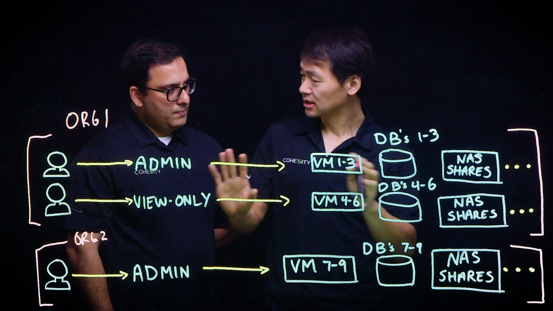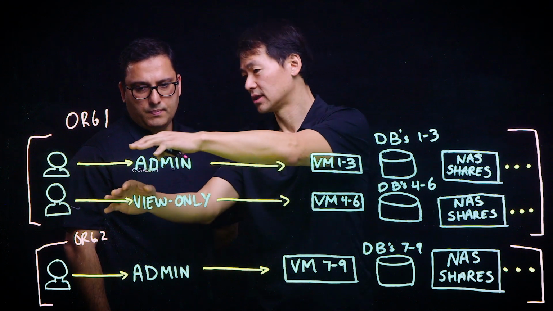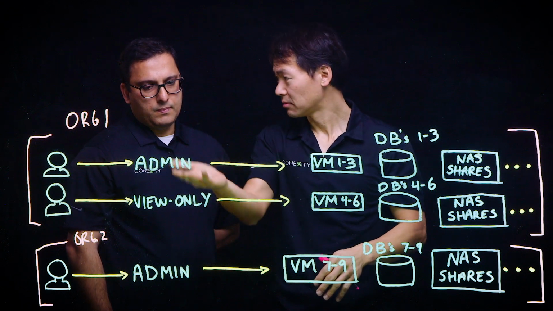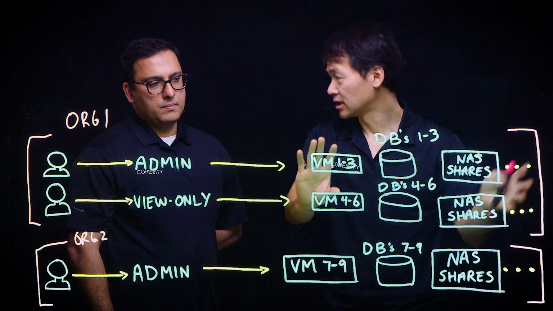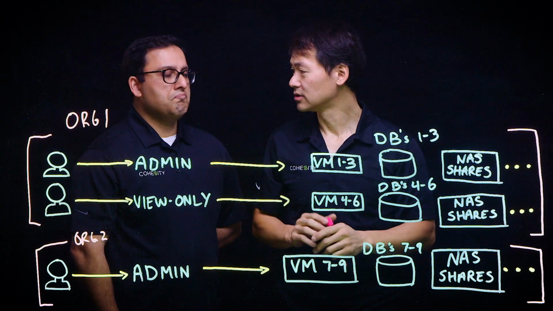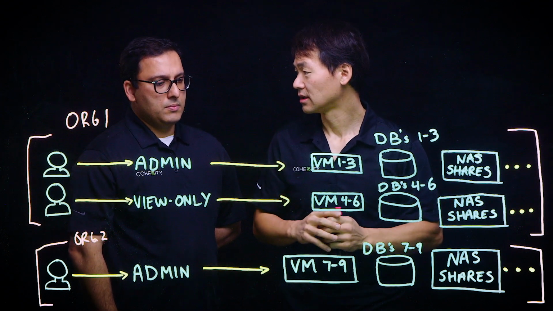Understood. And as you can see in the diagram also, we can even further subdivide within the organization and allow some users to have certain privilege levels on even a subset of what's available to the entire organization. At the object level, even. Yeah, at the individual VM, individual database, or individual other kind of server or data store level.